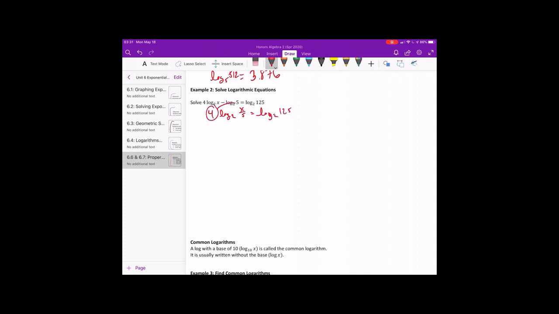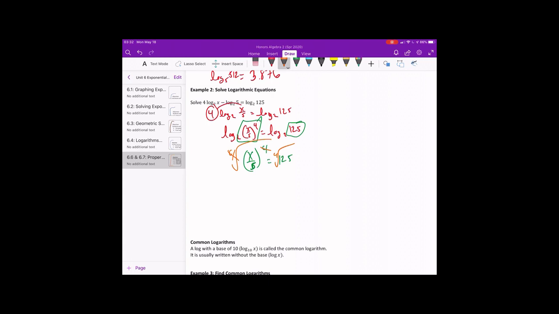And then the 4 comes up here, so I get log base 2 of x over 5 to the 4th is equal to log base 2 of 125. Now, if I have two logs that have the same bases, then these parts are going to be equal. So I get x over 5 to the 4th is equal to 125. And then I would need to take the 4th root of both sides.